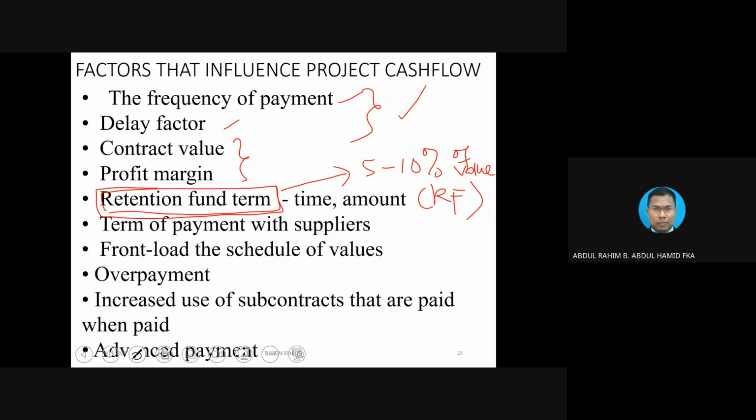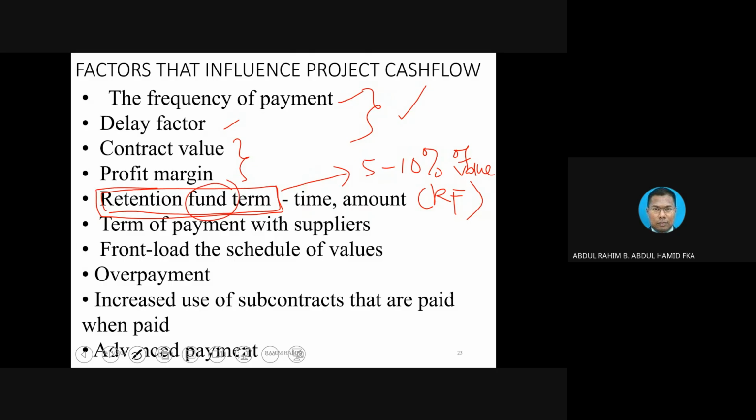How much? Let's say 5%. The contractor's claim for that particular month is 100,000. So 5% of 100,000 would be 5,000. So the contractor will only receive a payment of 95,000. The client will hold back 5,000 and put it into this fund.